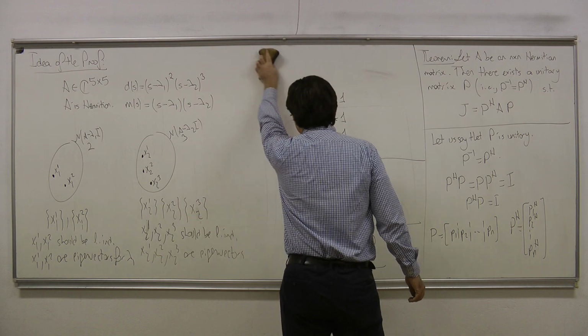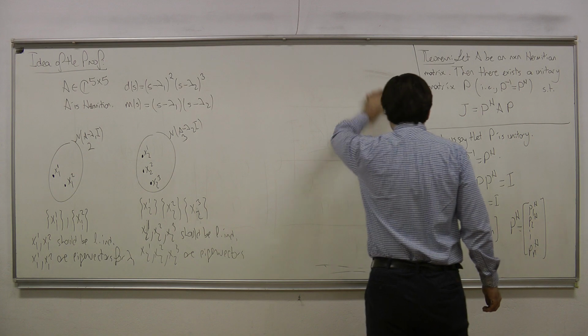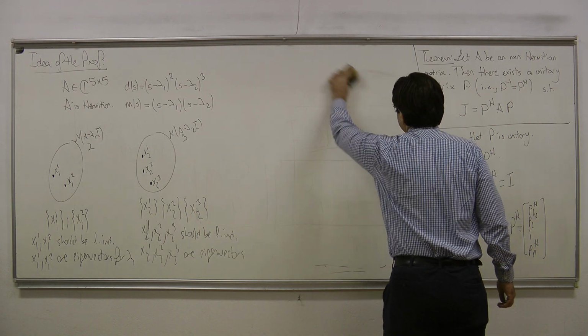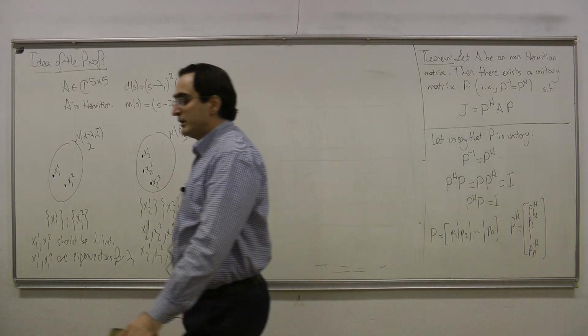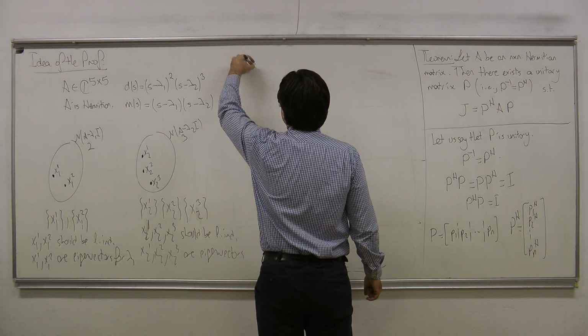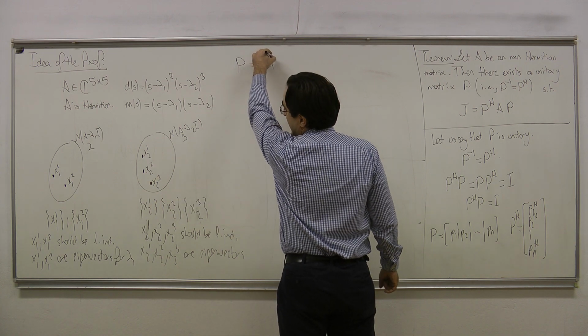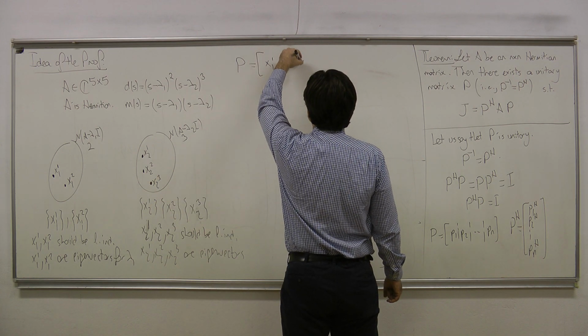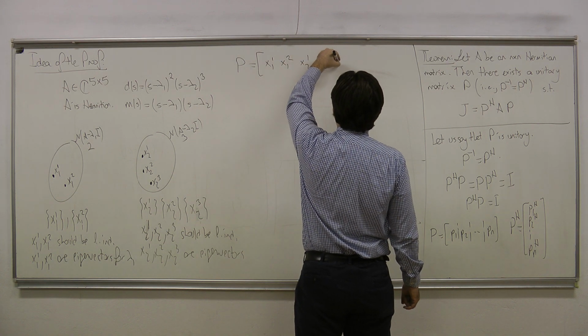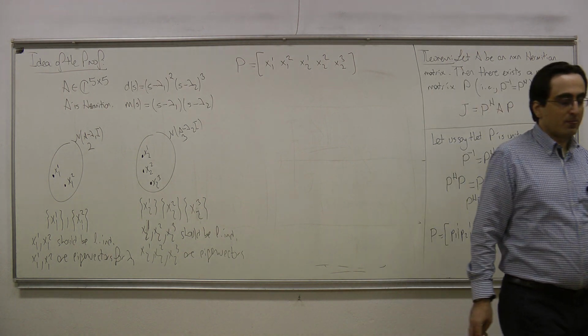For each eigenvalue, I have found Ri chains with sizes all equal to 1. And then I would fill in my P matrix. P matrix would be formed by these chains x11, x12, x21, x22, and x23. A 5 by 5 P matrix.